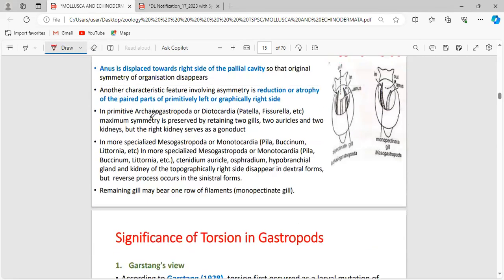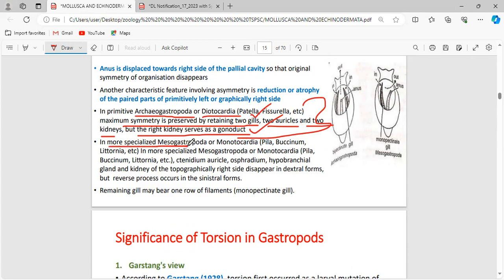Now, in the primitive Archaeogastropoda or Diotocardia, maximum symmetry is preserved by retaining two gills, two auricles, two kidneys, but the right kidney serves as the gonoduct. See, all the locations will be compromised after torsion.